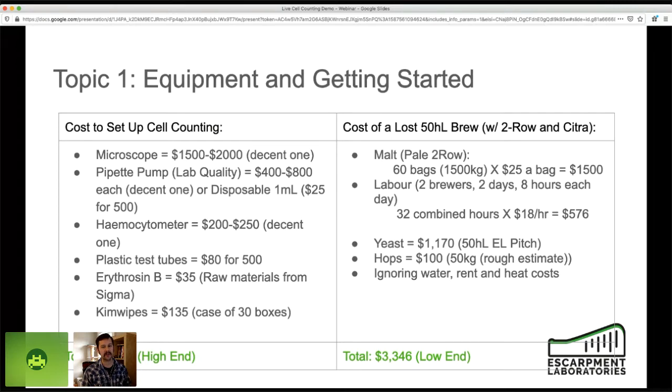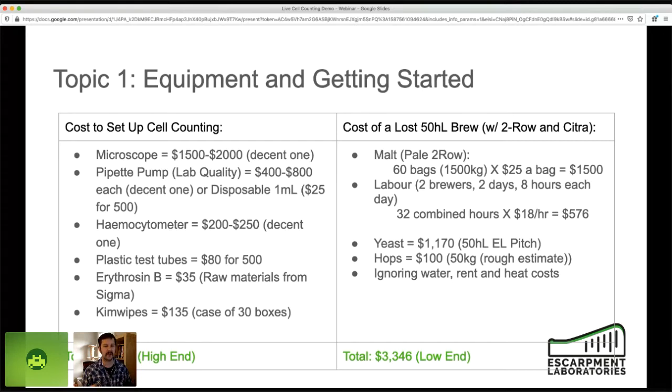Now we can compare that to a lost 50 hectoliter brew of a really simple pale ale with just pale 2-row and Citra. So the malt, 60 bags or 1,500 kilos at $25 a bag, is $1,500. The labor, 2 brewers, 2 days, 8 hours each, 32 combined hours at $18 an hour is $576.